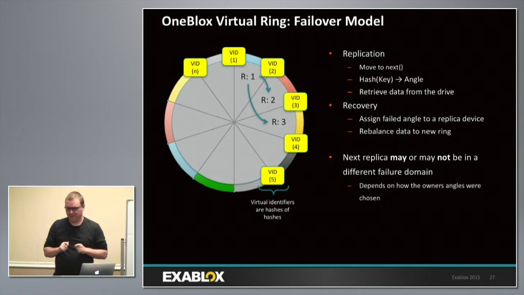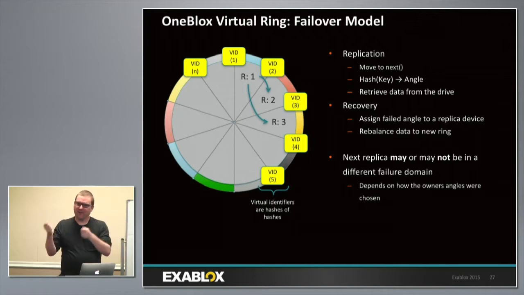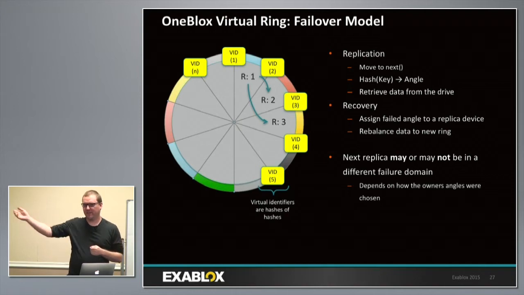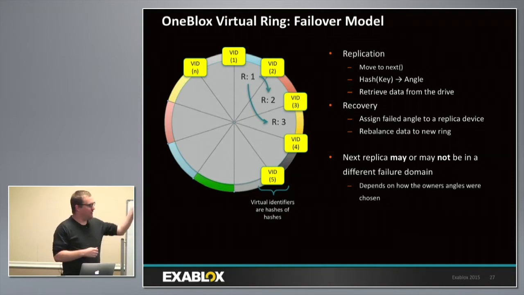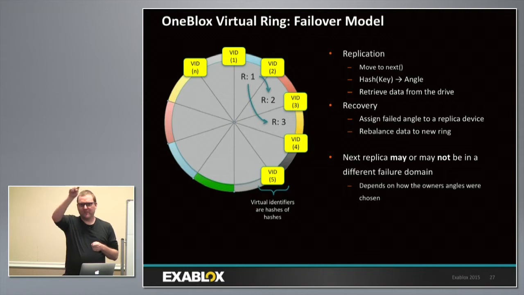The challenge here, and this was just because everyone else did it, is that ownership and failover were defined by the ring. If my owner didn't have my data, where would I look for it? I just look at the next guy. If he didn't have it, I just look at the next guy. So you start walking around the ring looking for your data.